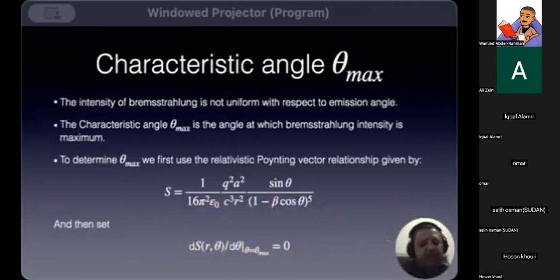So now, when we have the energy of the Bremsstrahlung emitted, the other question is: is the intensity of the Bremsstrahlung equal in all directions or not?